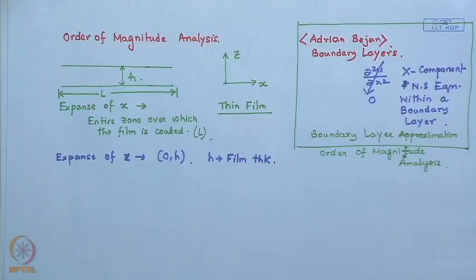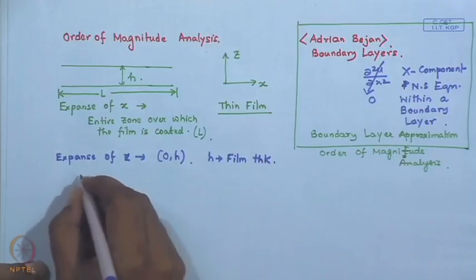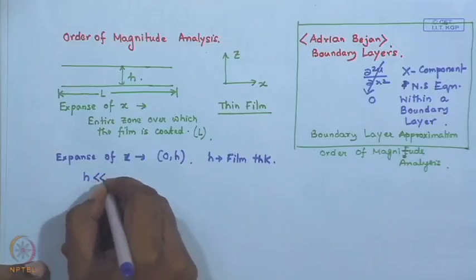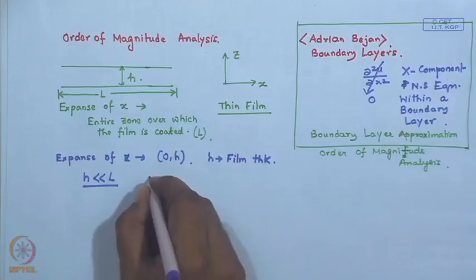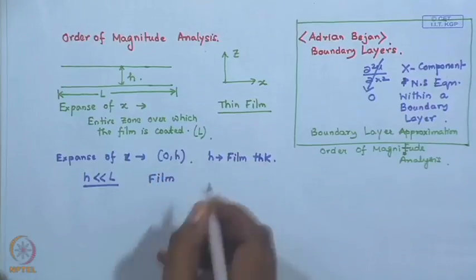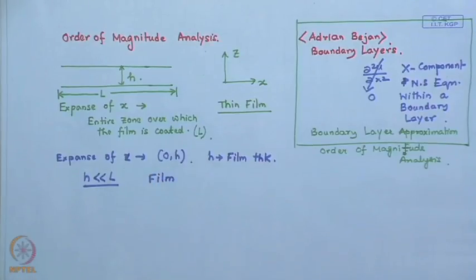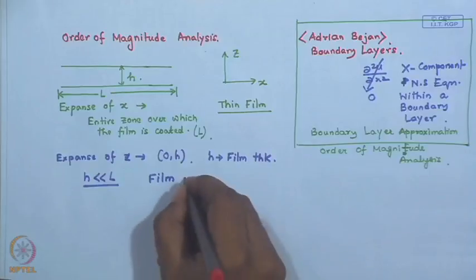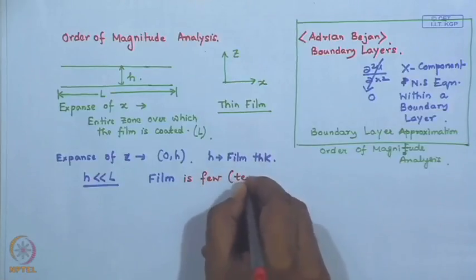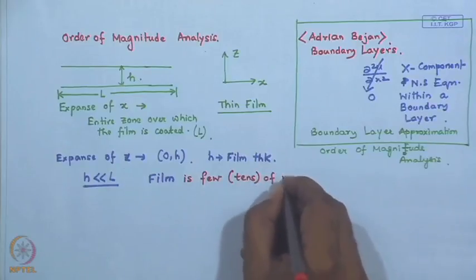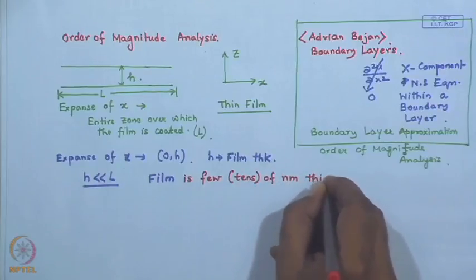So, from the physics of the system, the first thing you can say is that h is of course much smaller than L, because you are talking about a film. Why do you say this? This comes from the basic system configuration. The film is maybe tens of nanometers thick.